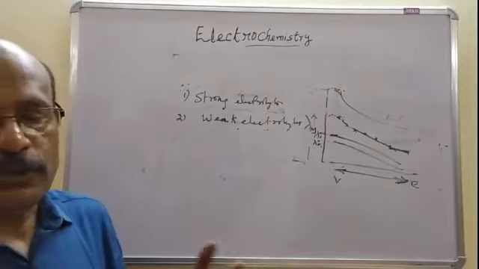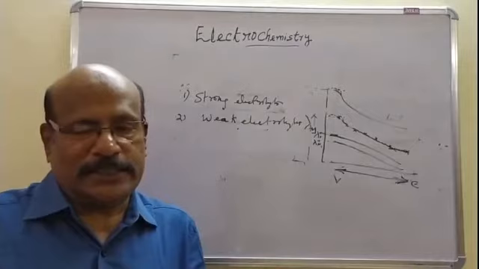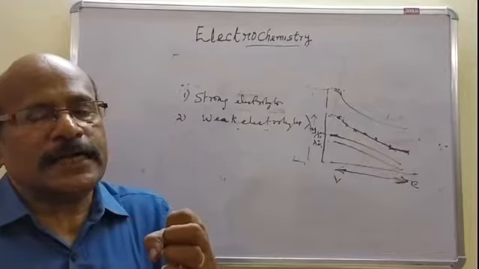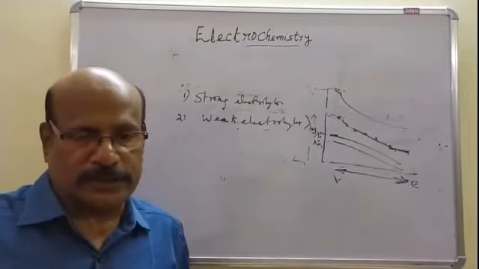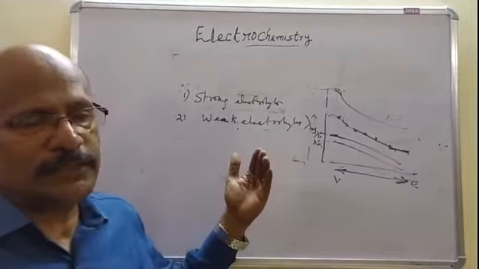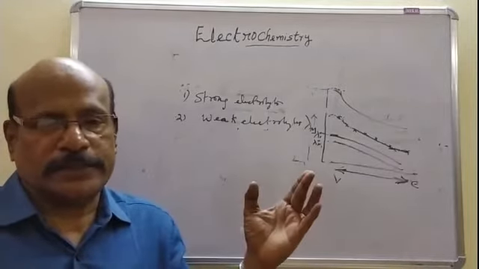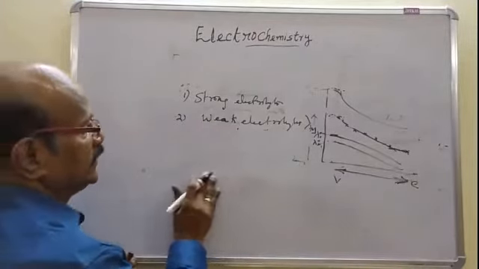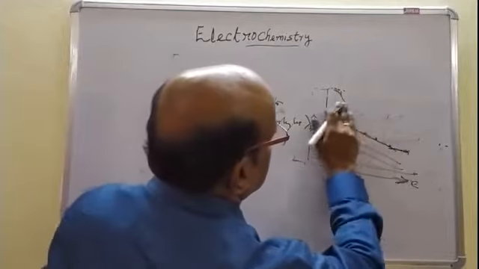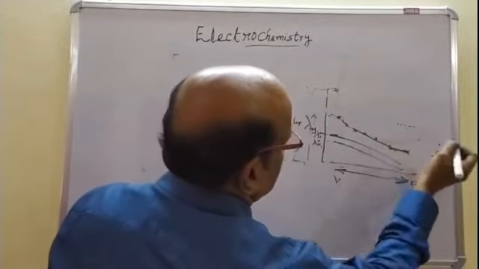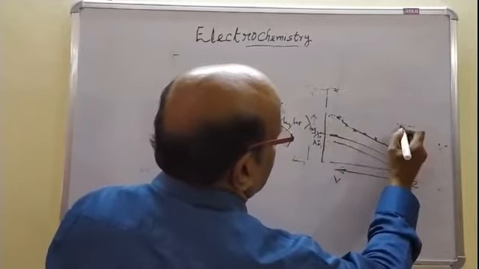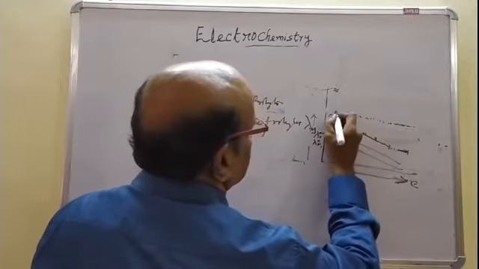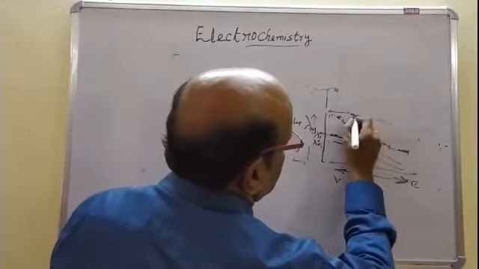Those electrolytes which already have a very high value of the molar conductivity at initial concentration, and have only a gradual, slow increase in their conductance with the dilution, and it reaches a maximum value at infinite dilution, are called strong electrolytes. They have a very high value of molar conductance initially, and as the concentration decreases or dilution increases, the value slowly increases and it reaches a steady value like this.